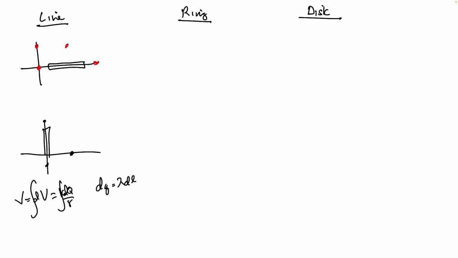The ring of charge is kind of already done. It's this ring, and then in 3 dimensions, finding the potential on axis. And you know what? This is what you're getting on the exam. The ring, we already know the answer to.